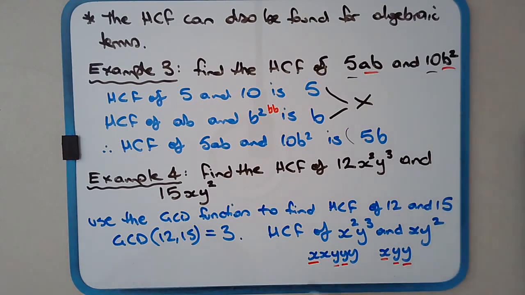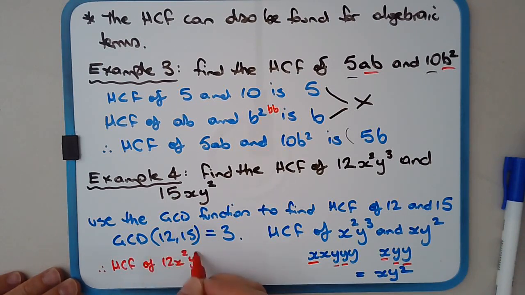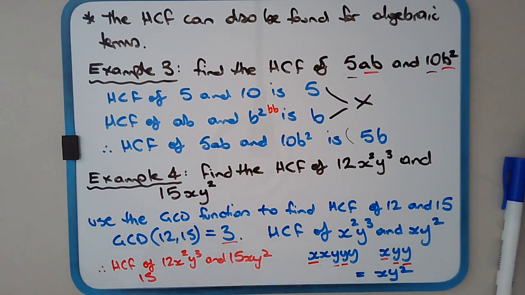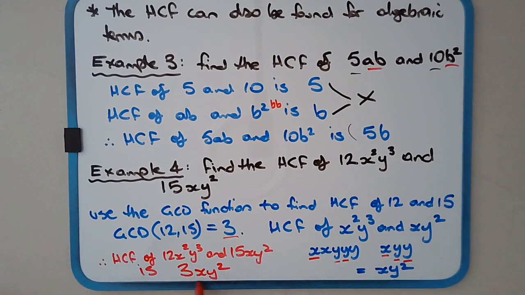So the HCF of x squared y cubed and xy squared is going to be xy squared. Therefore, the highest common factor of 12x squared y cubed and 15xy squared is, we take that number we found before, 3, and the pronumeral highest common factor we found as well, and we combine them together by multiplication, and we have 3xy squared.